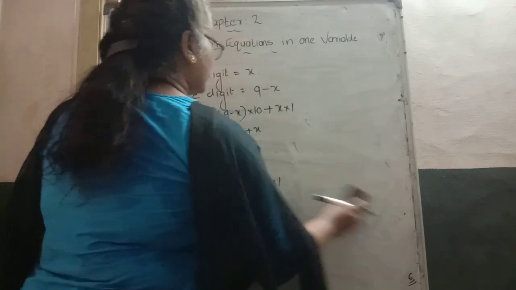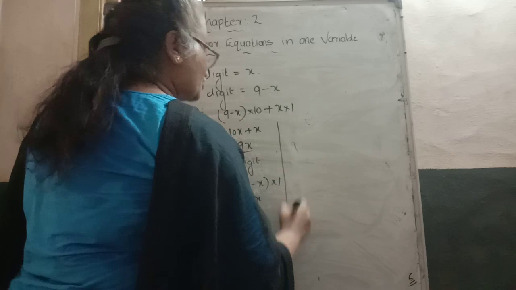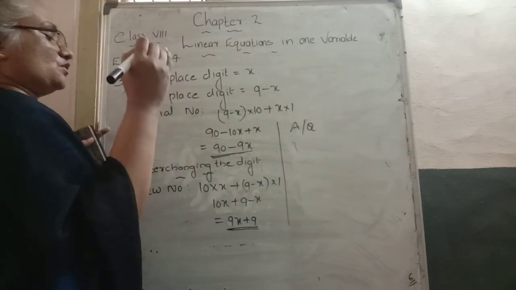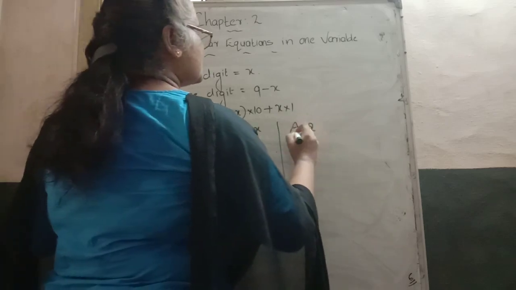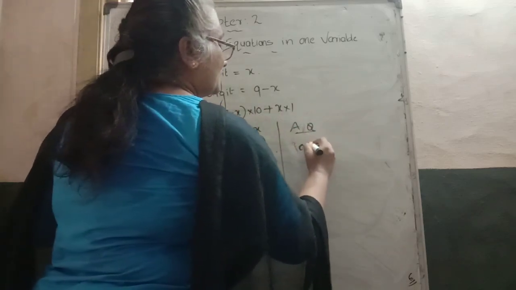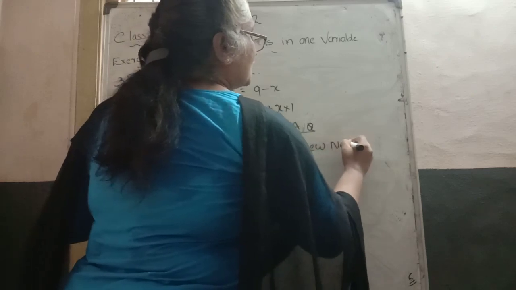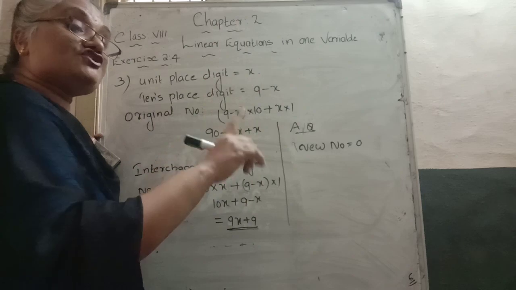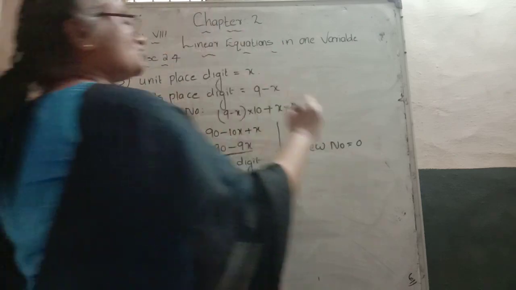So we can write it according to the question. AQ means according to question. According to the question, we can write that the new number is 27 greater than the original number.